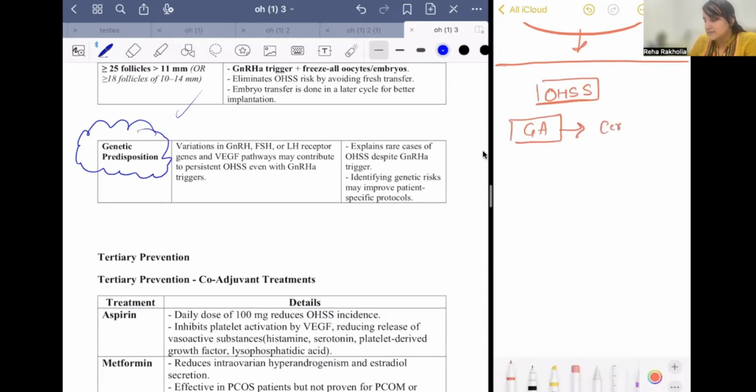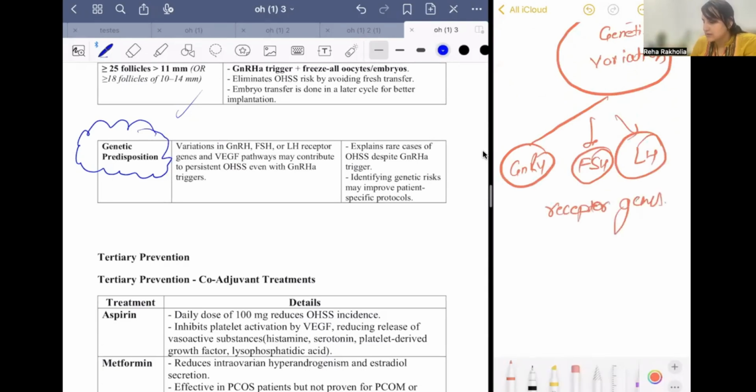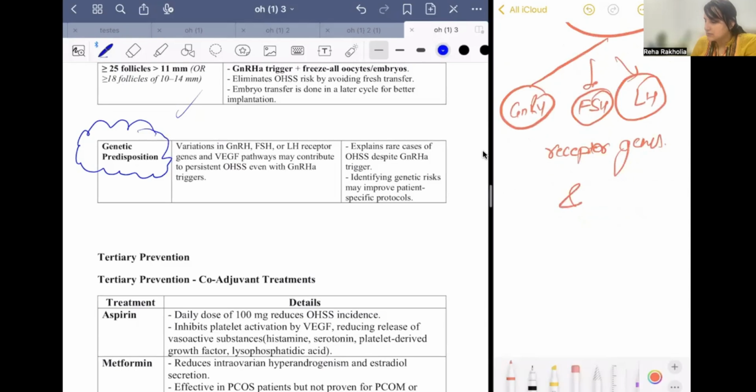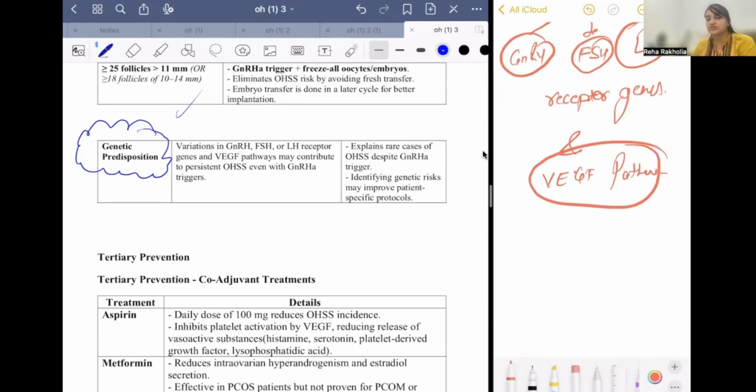Certain recent studies have suggested that genetic variations in the FSH, GnRH, and LH receptor genes and the VEGF pathway may make individuals more susceptible to OHSS despite using preventive measures.